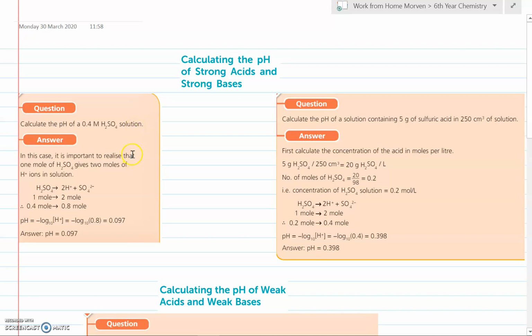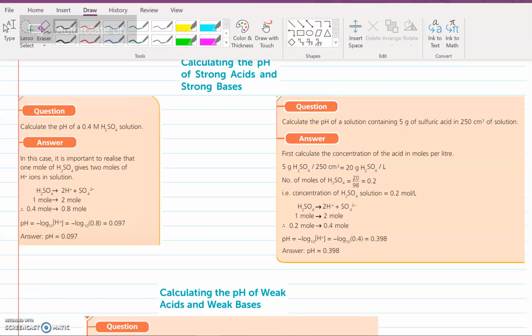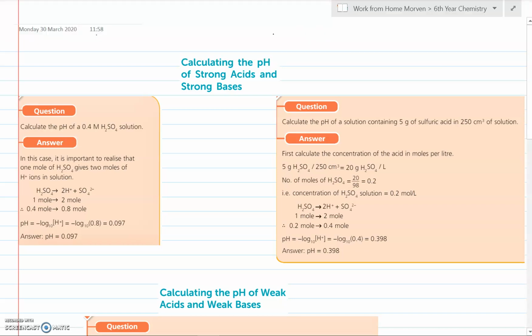Now, when we bring in the fact that this is a dibasic substance, it means that when it dissociates, H2SO4 produces eventually two H pluses.